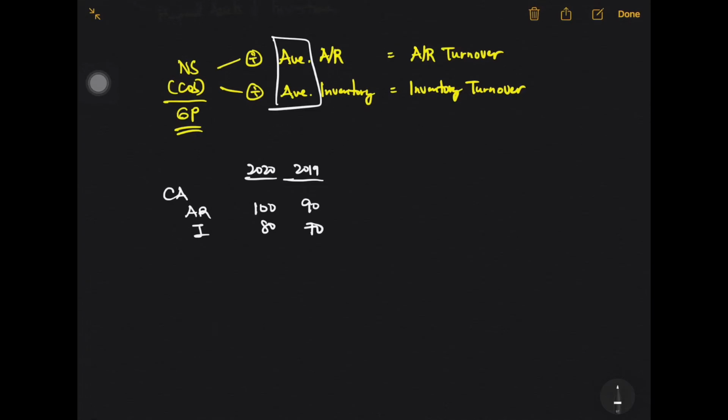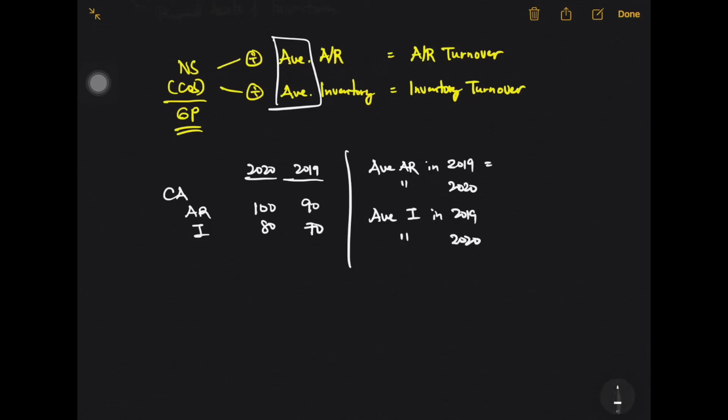So now, if you are asked, what is the average AR in 2019, same with 2020, and then average inventory in 2019, and then also 2020.